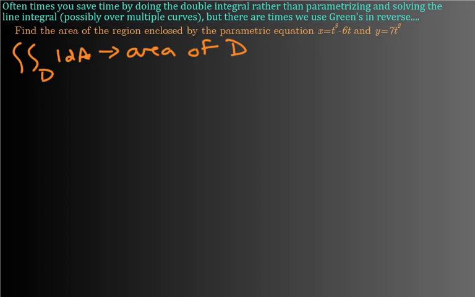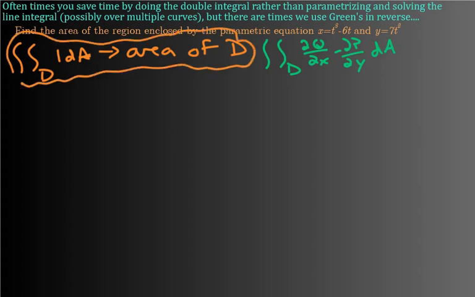And so in the context of Green's theorem, if you're doing a double integral of partial of q with respect to x minus partial of p with respect to y dA, you could utilize this if partial of q with respect to x minus partial of p with respect to y, that subtraction, equaled 1, right?